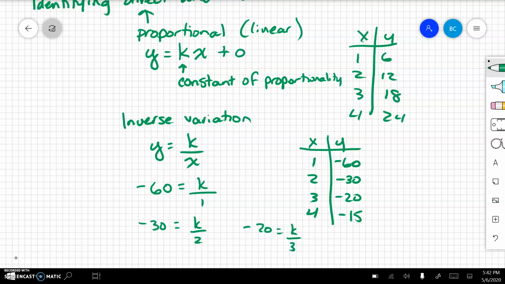So in this case, my equation is y equals negative 60 over x, and we say that y varies inversely with respect to x. So the bottom line is if you can fit it into this equation, it's direct, and if the equation looks more like this with the x in the denominator, it's inverse.